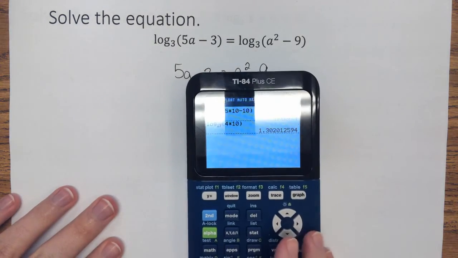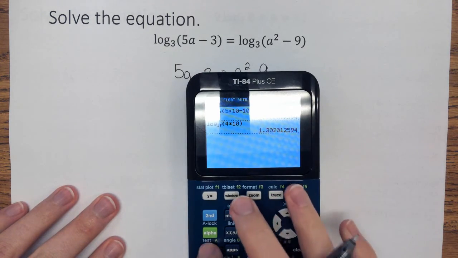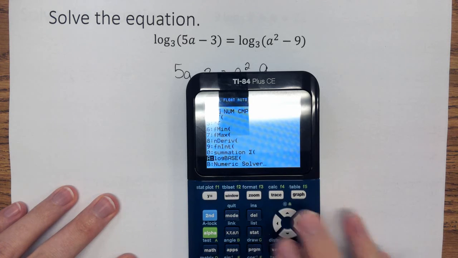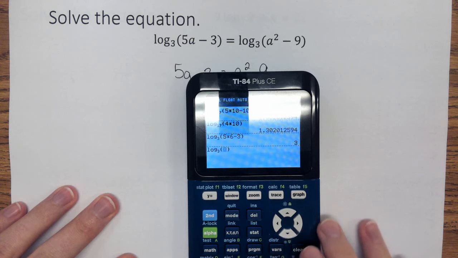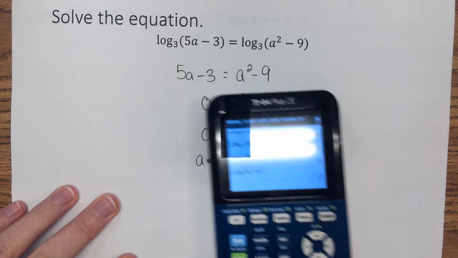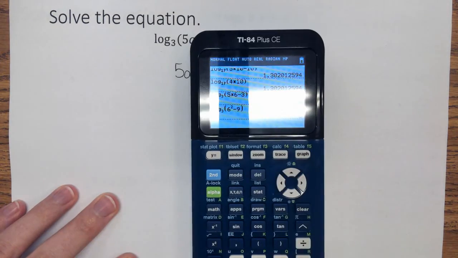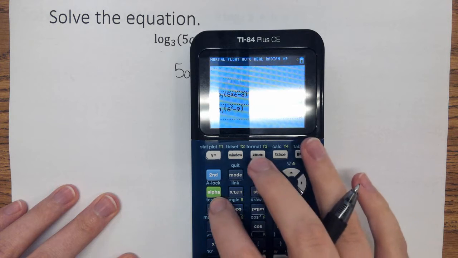So if I plug in 6, I get log base 3 of 5 times 6 minus 3 for my left side, and log base 3 of 6 squared minus 9 for my right side. I see that 6 does indeed work. And then I'm going to do the same thing, except I'm going to plug in negative 1.